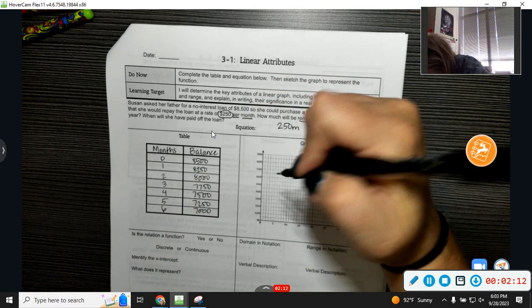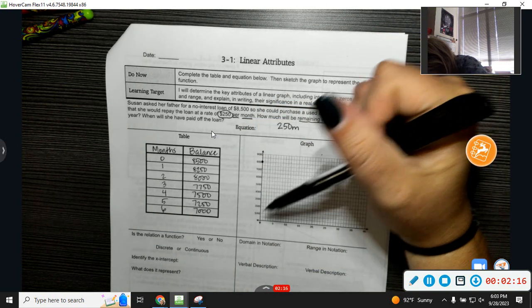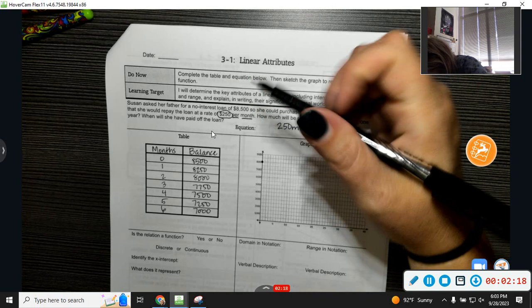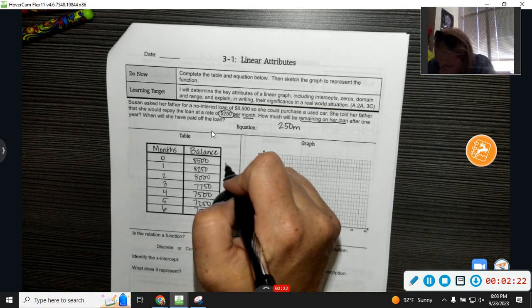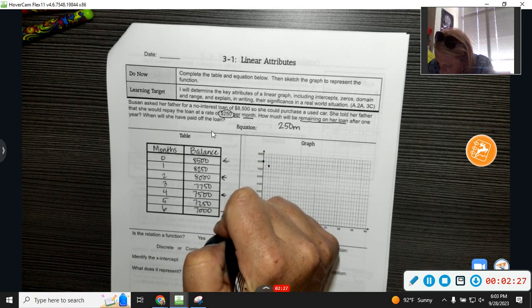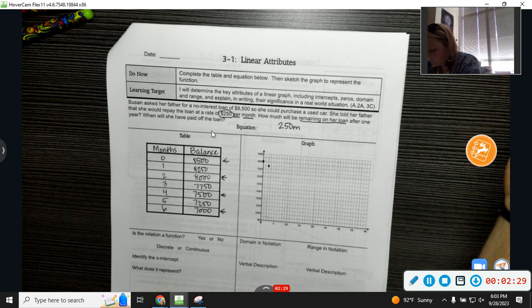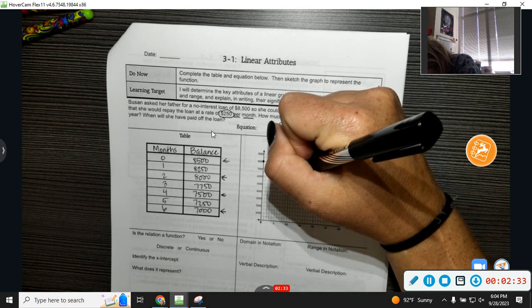So let's put some of these dots here. Can't actually graph 8,250, so I'm going to go ahead and go to 2. The only ones that I can graph are these. I guess I should have skipped every 2. But this is the pattern.